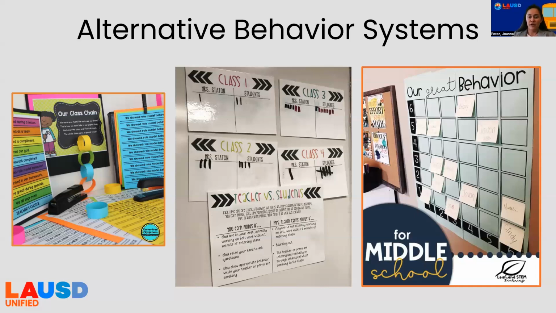Once we see that our board is getting pretty full, we would take a pair of dice, roll the dice, and then use the numbers to find out which student on the chart would be the winner for that roll. Okay, so this is a way to motivate students to want to continue demonstrating all of those behaviors that we want them to demonstrate.